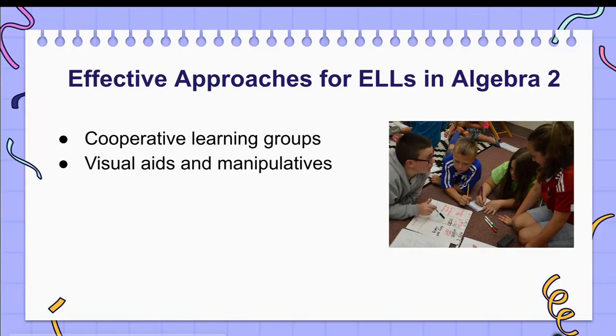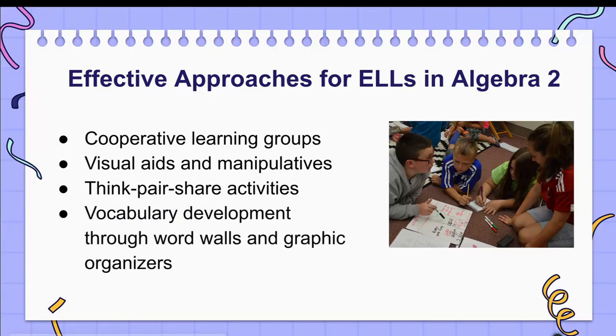This can help bridge the language gap and provide concrete representations of abstract concepts. Number three, think, pair, share activities. This strategy gives students time to process information, discuss with a peer, and then share with the class, building both language and math skills. Number four, vocabulary development. Use word walls and graphic organizers to help ELLs master the academic language of Algebra 2.